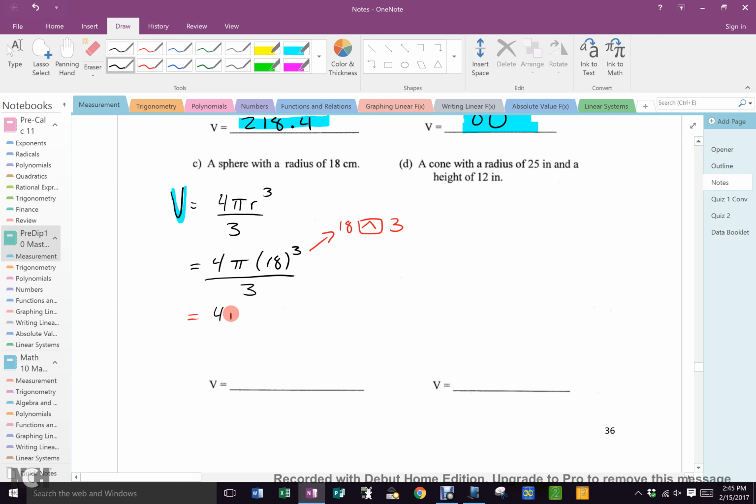So this is 4 pi 18 cubed, which is 5,832 divided by 3. So 4 times 5,832 divided by 3 is 7,776 times pi. Now you guys want a number there, so you just figure it out. It's 24,429.